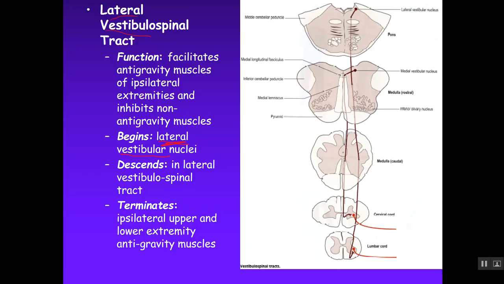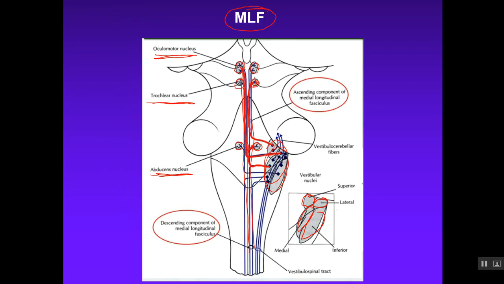Well, that makes sense here. So here it is, starting up a little bit higher in the pons, in one of those lateral vestibular nuclei. So if we look here, here's our lateral vestibular nucleus right up here.